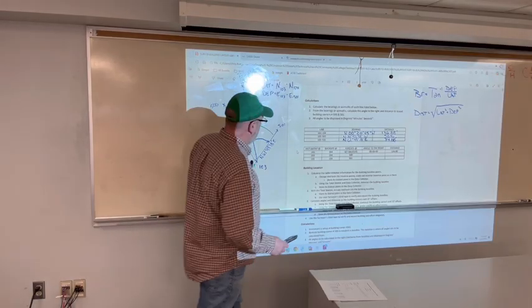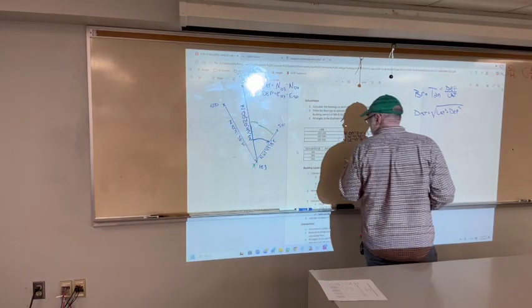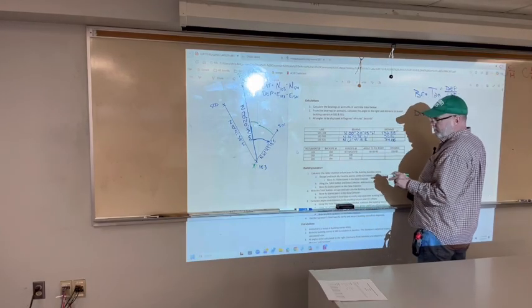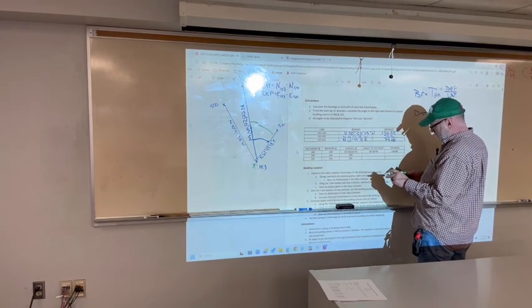We would then turn an angle to here from 103 to 501.